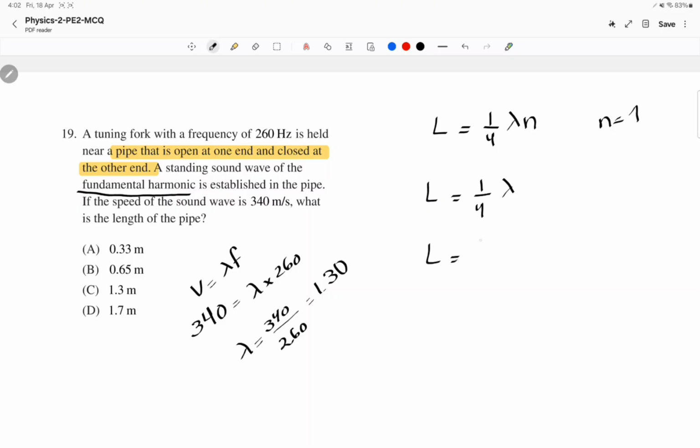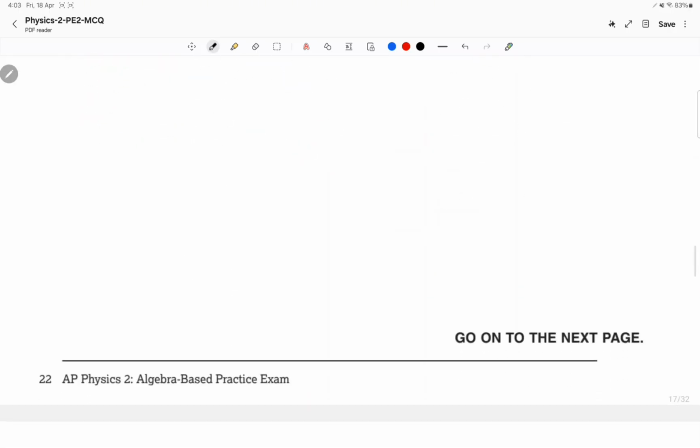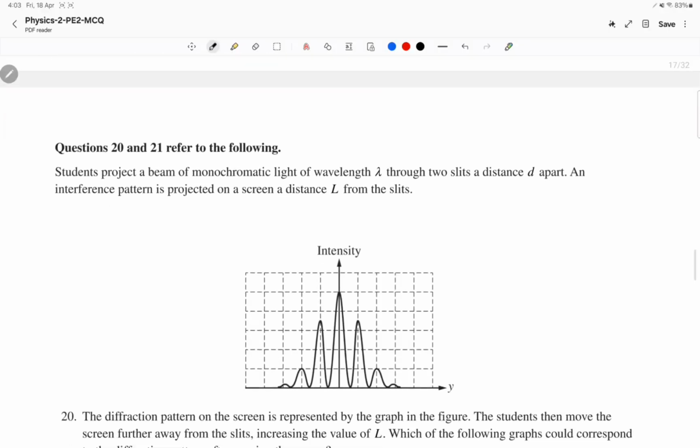So now L is equal to 1 over 4 times 1.30, and I got 20.